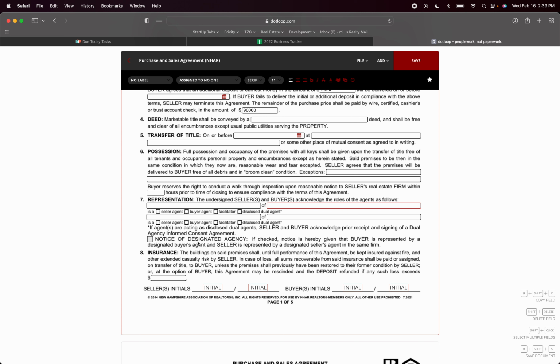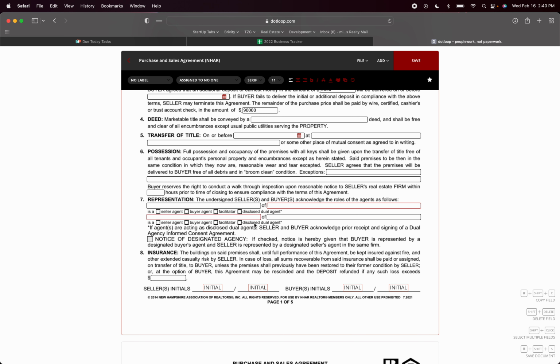Notice of designated agency is going to be if both agents in the transaction are with the same brokerage. So because we are with Keller Williams Coastal and Lakes and Mountains Realty, anytime someone from Keller Williams Coastal and Lakes and Mountains Realty is on the other side of the transaction, you are going to check this notice of designated agency. The one exception here is going to be if there is a disclosed dual agent situation.